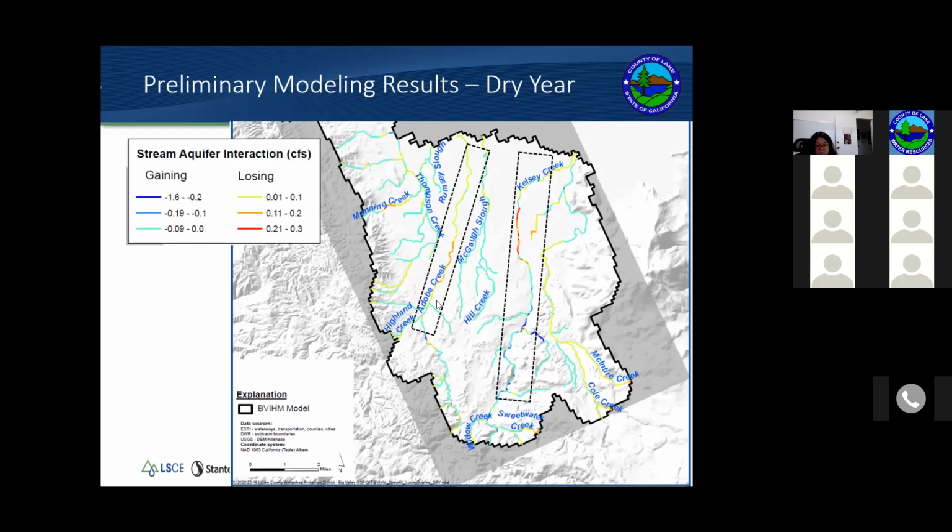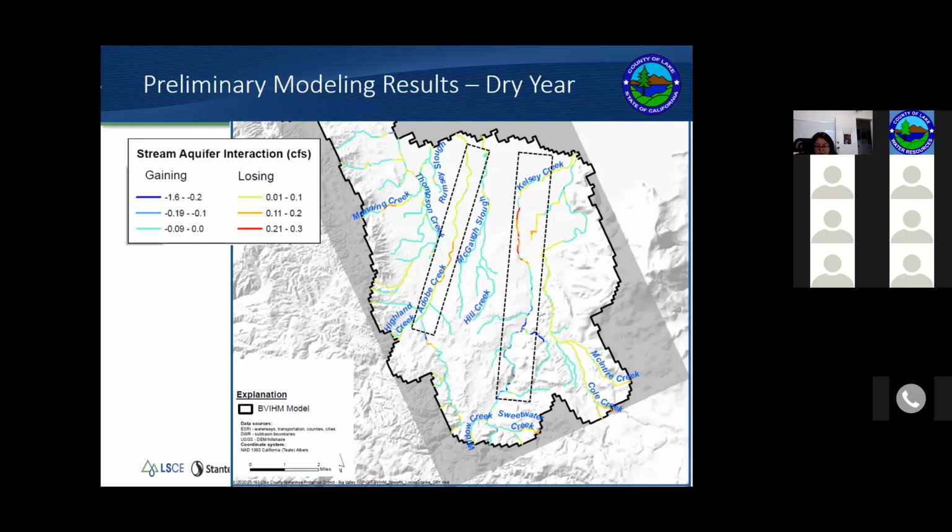I'm going to switch back to the wet year. So this is a wet year, and this is a dry year. On Adobe Creek, you'll see it getting darker orange, which means the loss is getting higher, and the amount of water recharged from Adobe Creek into the basin is increasing.